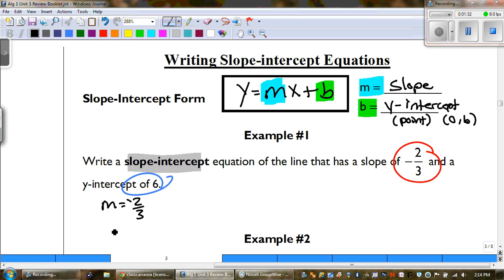So our slope is negative 2/3 and the b is 0, 6. So when we plug that in, the slope goes here and the y-intercept goes there. We get negative 2/3 x plus 6. Okay, and that's just filling in the blanks.